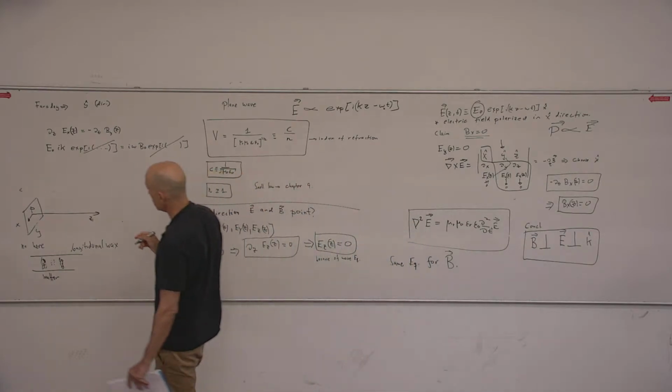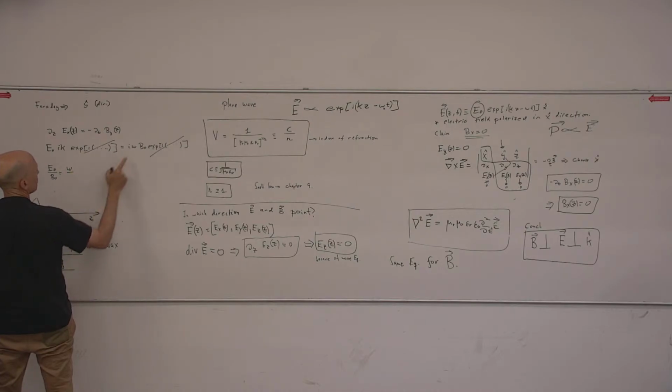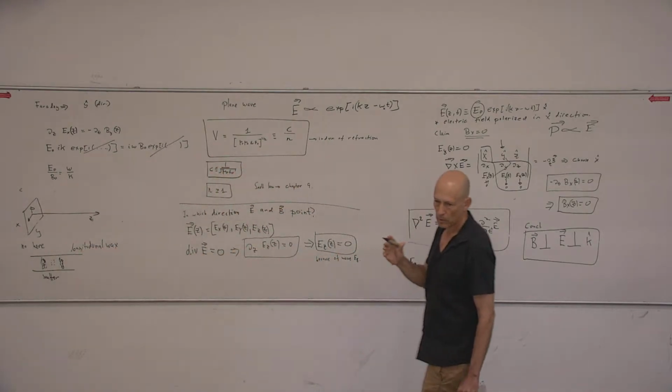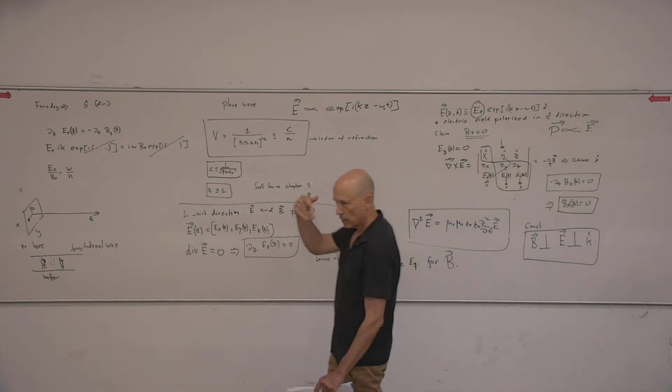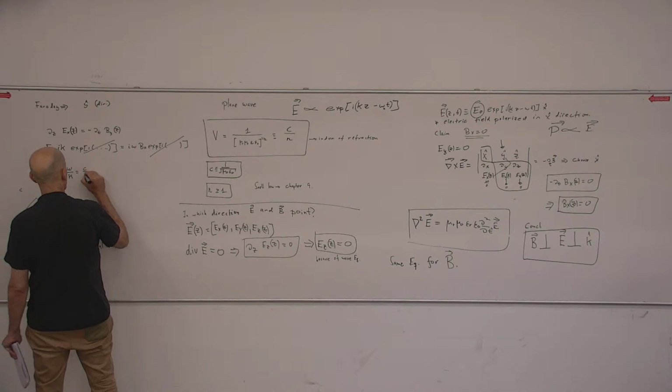So what I see here is that the ratio E0 over B0 is frequency over k. What is that? c. Not c, it's in matter, but nearly c, corrected c, the v that we defined previously. c over n, equal to v from the dispersion.